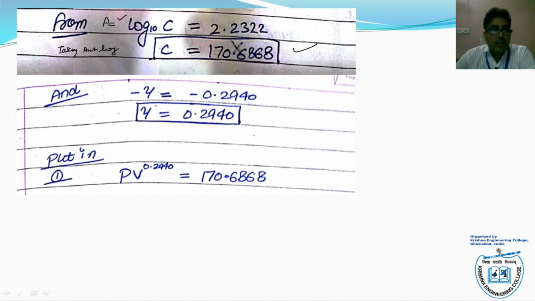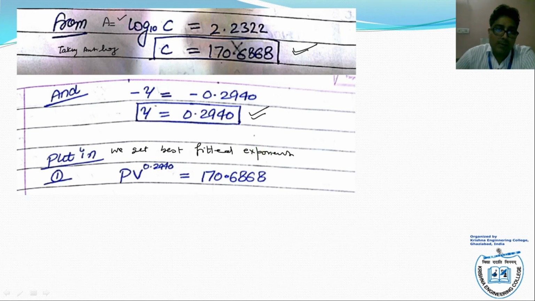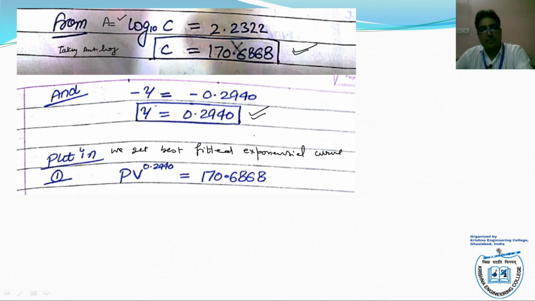And the value of V is minus gamma, and the value of B, so gamma is this. So we get the value of C and gamma. Put these values in the equation. First we get the best fitted exponential curve. Clear?